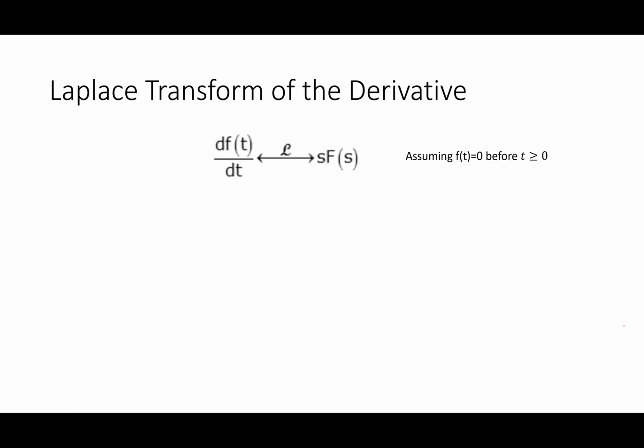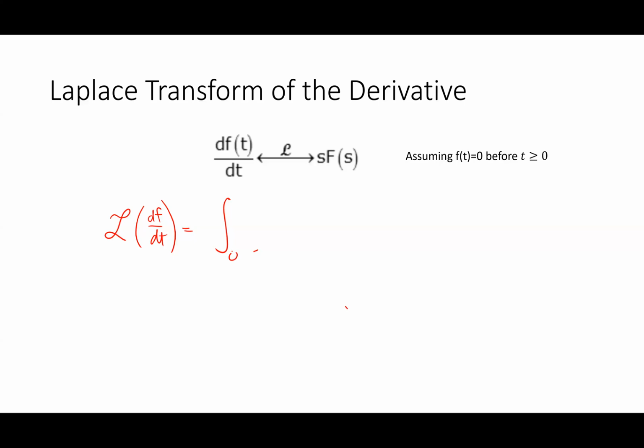Basically, if I have a function f of t, and f of t is 0 before t greater than or equal to 0, which is the way we've been doing this, and I want to find its Laplace transform. So in other words, I want the Laplace transform of df dt.